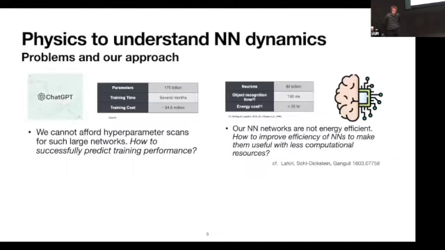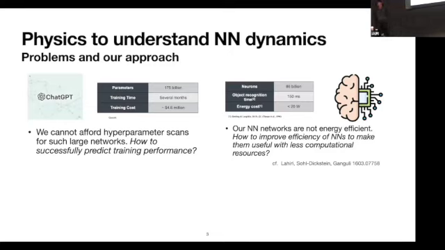So to set the scene a little bit, let's ask the question, what do we really need to solve and what is going on. There are actually big problems in neural networks, and I think physics can help with this problem. So what are they? If we think about our big language models, the big problem is that we cannot afford our typical hyperparameter scans, given basically by the cost and maybe also the energy that is used to train these things on the one side.